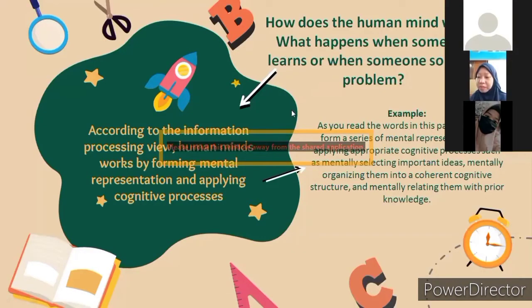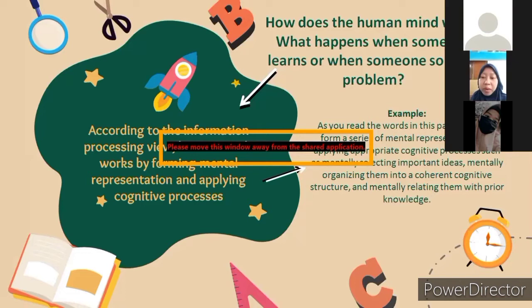To talk about how the human mind works and what happens when someone learns or when someone solves a problem. According to the information processing view, the human mind works by forming mental representations and applying cognitive processes.